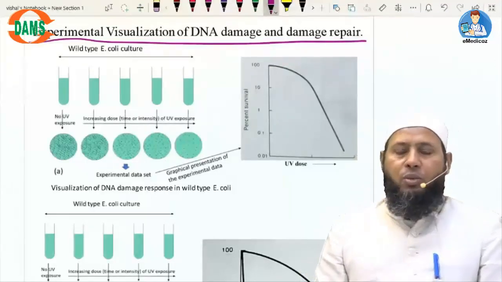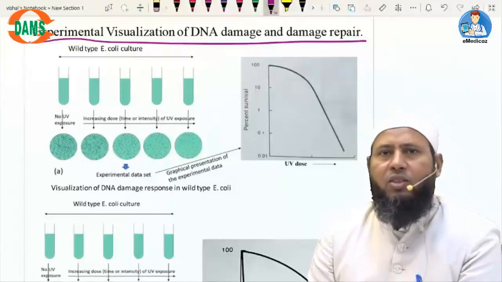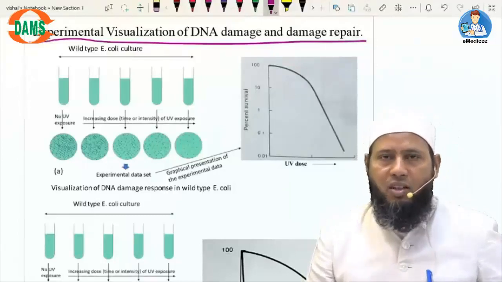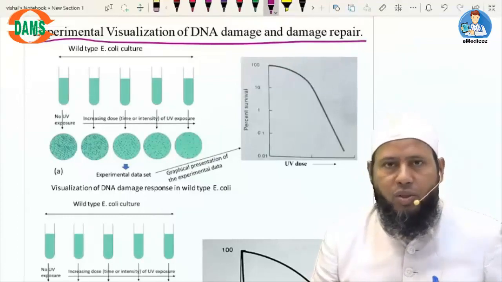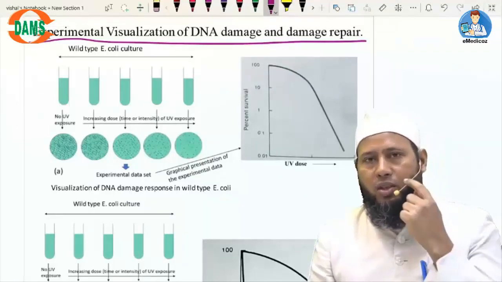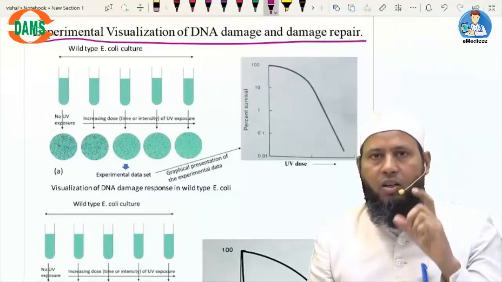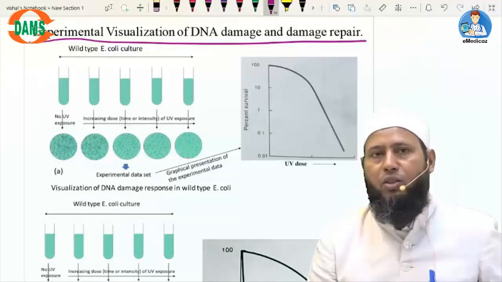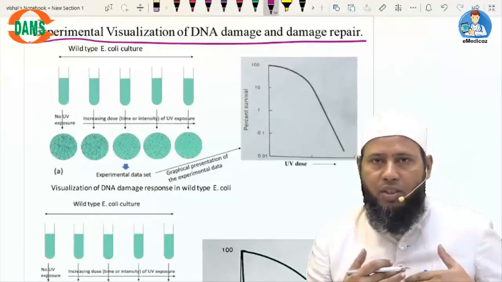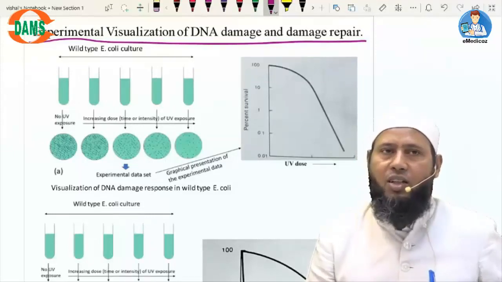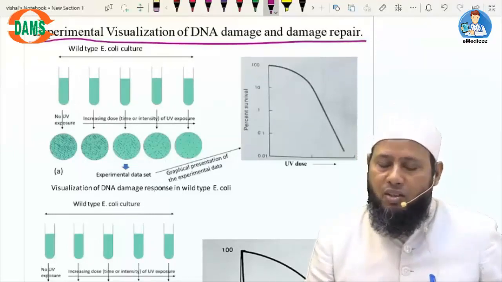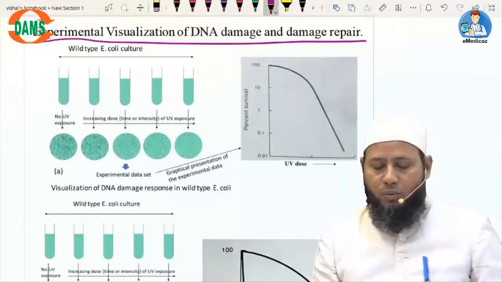This is very basic, zero-level key information that every student should have, so that you can have a better, logical sense of the understanding of the DNA damage and repair system and the pathway also.